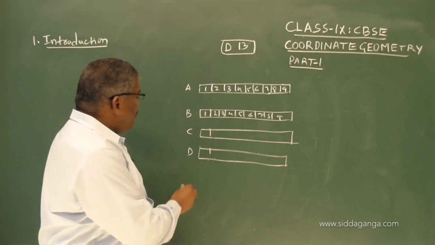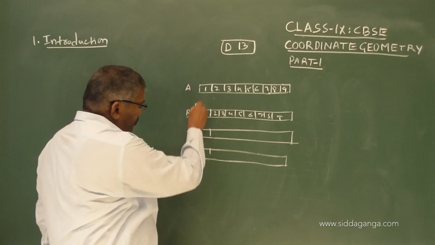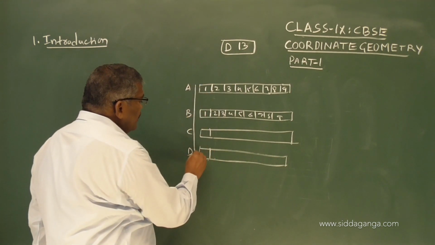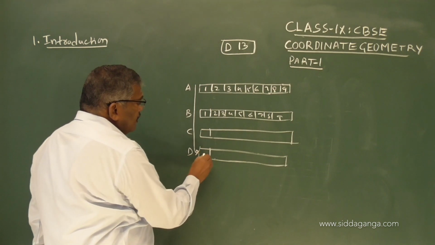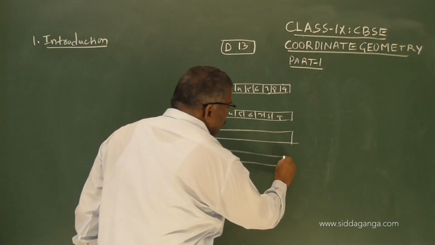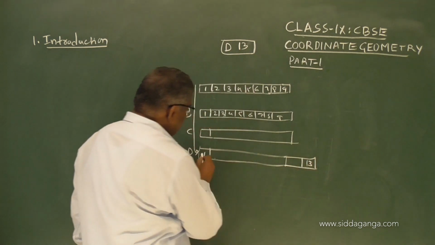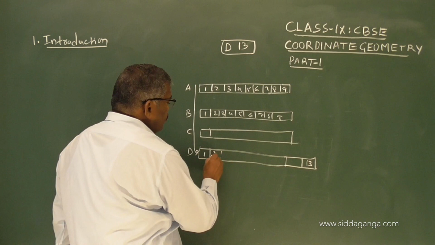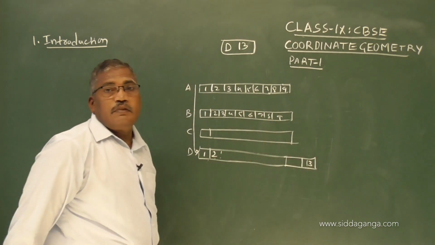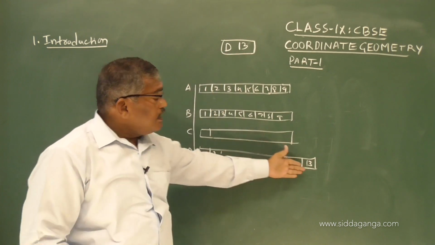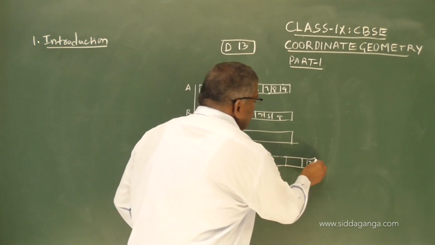So what you have to do is, you have to go to D row, and this is the walking passage when you enter the theater, and from there you have to go up to 13th seat. This is 1, 2, and 13th. So here we are using two references to locate our seat. So this is your allotted seat.